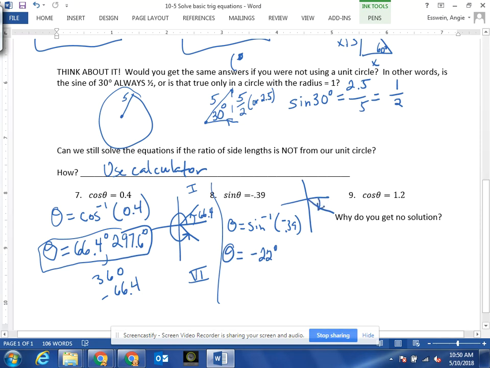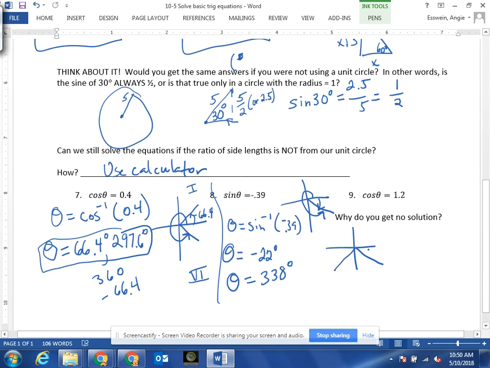So here's negative 22 degrees. What would the equivalent angle be in the positive direction so that we can answer from 0 to 360? 338, right. So one of the answers is 338. That's in quadrant 4. And then where else is the sine negative? In quadrant 3, right?